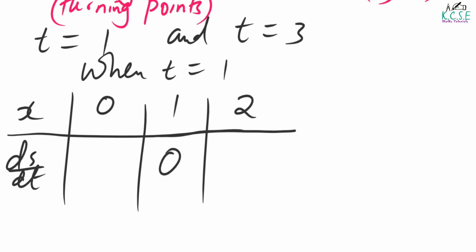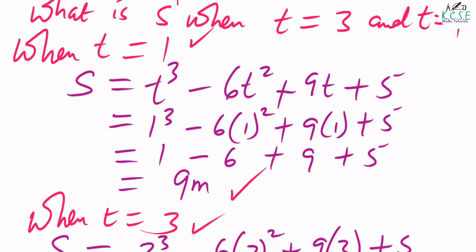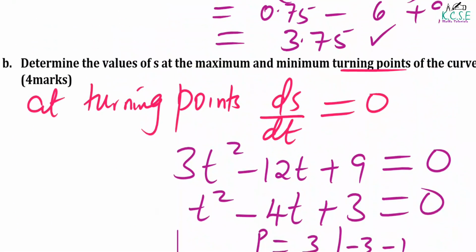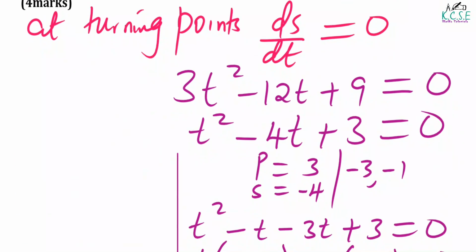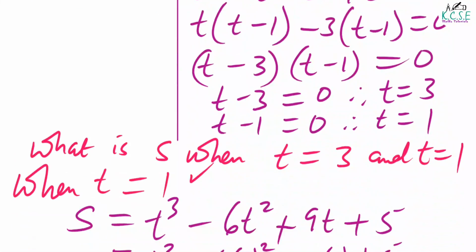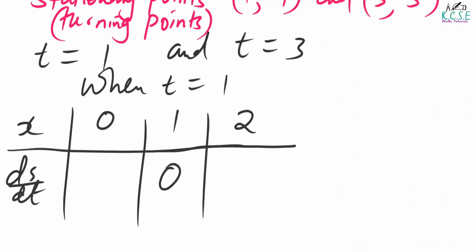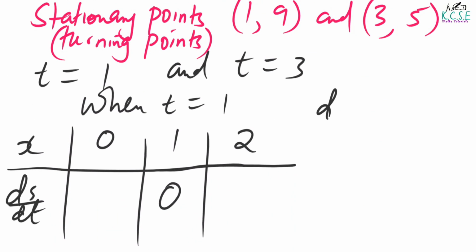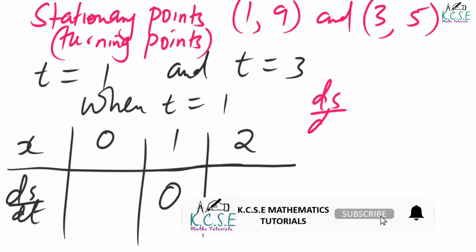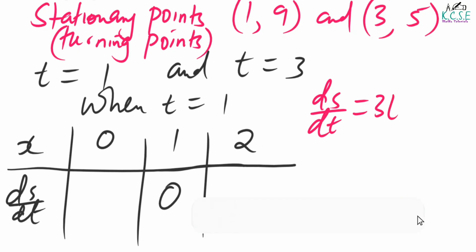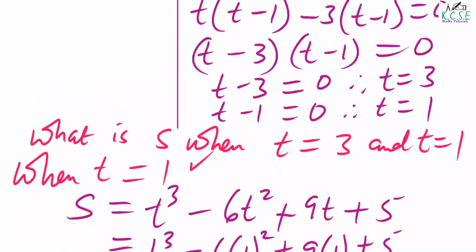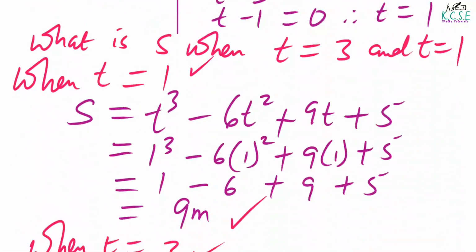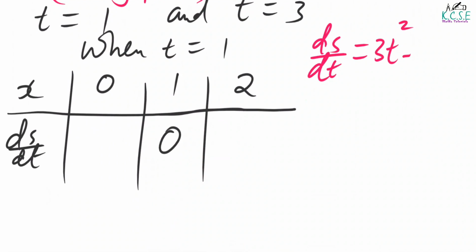Remember to get ds dt, that is the gradient, and the gradient function is here: ds over dt equals 3t squared minus 12t plus 9.